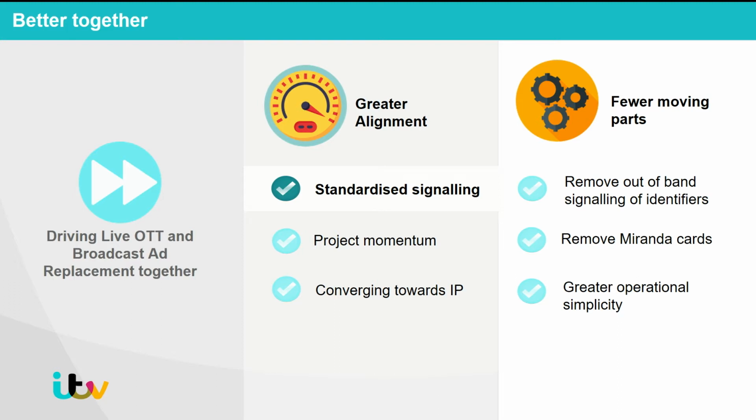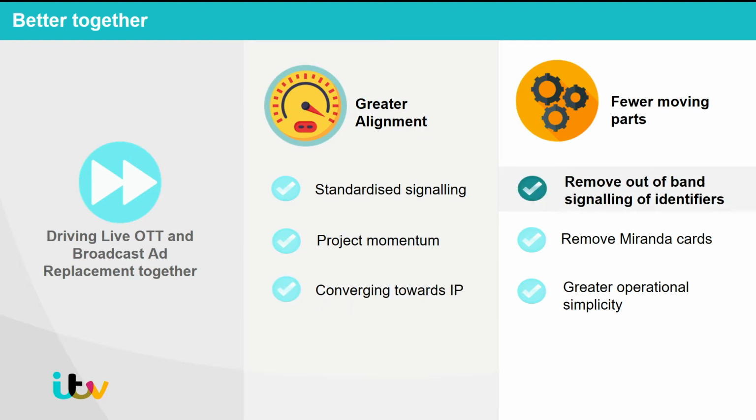And by aligning ourselves with that, we just basically got better project momentum. OTT enhancements drove broadcast enhancements drove OTT in this particular space. And to a lesser degree, it's helping us move towards IPTV because we've got common concepts, but that's a lesser point for us because we are a broadcast multiplex operator, so we still think broadcast is very, very important.